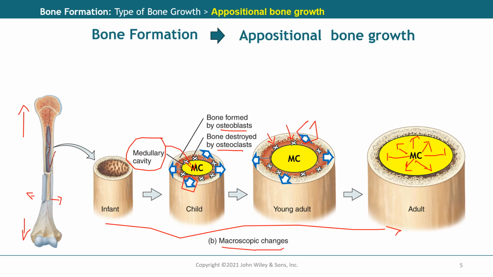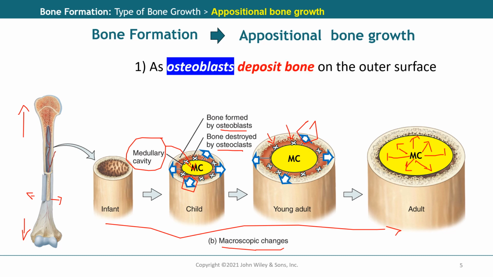So, to summarize, I told you that the appositional growth helps the bones to grow in width. In particular, the medullary cavity, you see how it grows and grows. And there are two key mechanisms that are important to understand this process.